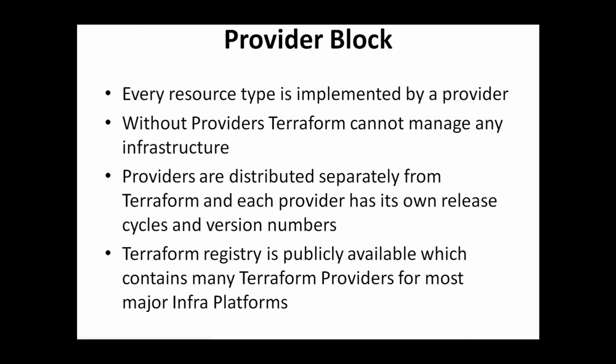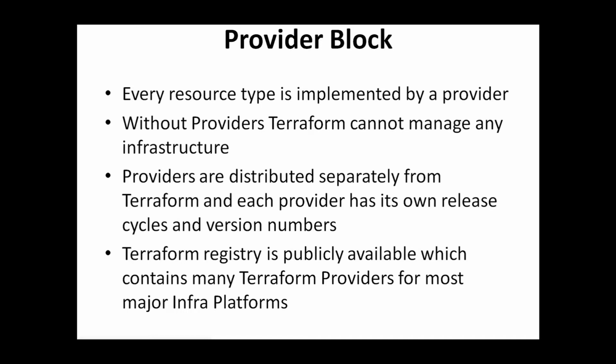So that's the reason it is called the heart of Terraform. Without provider, there is no Terraform at all. Without providers, Terraform cannot manage any infrastructure. Providers are distributed separately from Terraform, and each provider has its own release cycles and version numbers. So Terraform version numbers are independent. Also, the Terraform provider numbers are different.